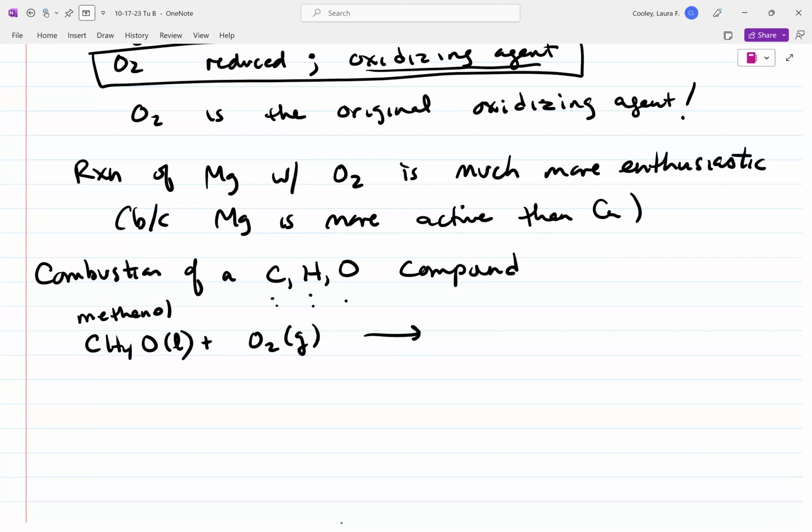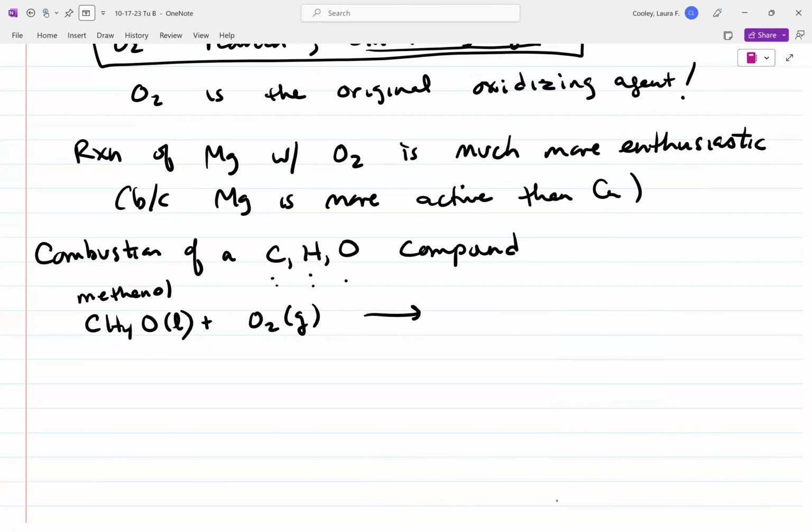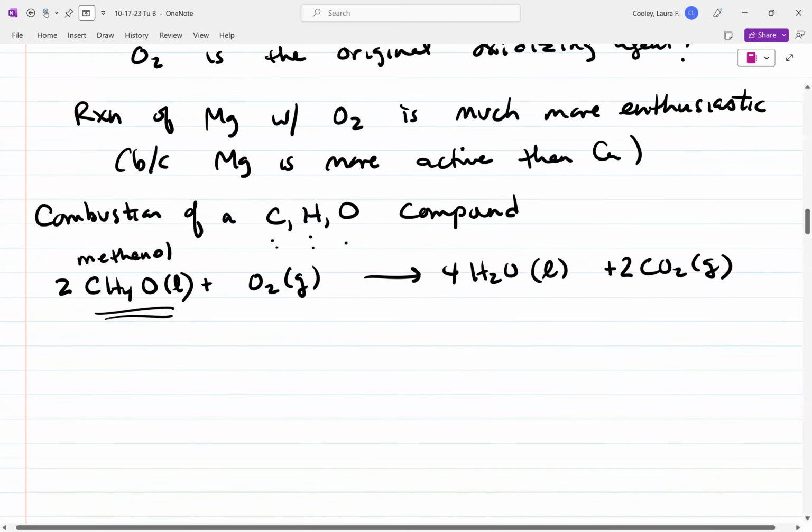Does anyone know the products of this reaction? Because we've looked at reactions that are similar to this. What are the products of a combustion reaction when you start with a carbon, hydrogen, or carbon, hydrogen, oxygen compound? Yes, that's right. Water and carbon dioxide. And if you balance this, you get 2 and 4. There we go. That's the balanced combustion.